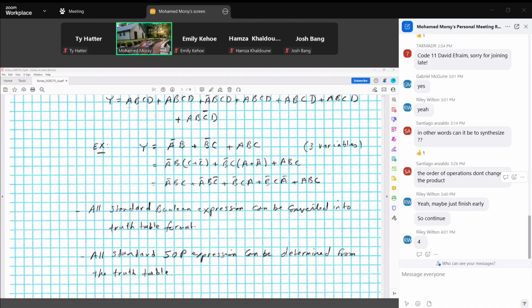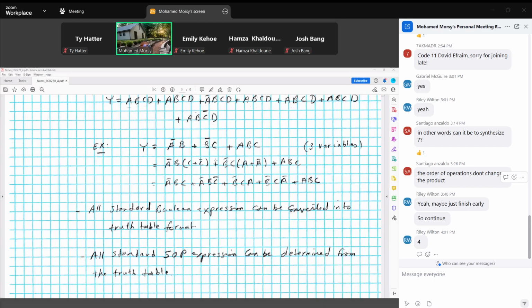Everyone heard this? The maximum number of variables in one term is 3. This is the maximum number of variables. So this means each other term must be 3 variables. So we have here the first one, A inverted B, so we missed C. Second one, B inverted C, so we missed A. So doing the same thing we did before, you can convert from A inverted B as 2 variables to 3 variables. How? We missed the C, so we multiplied by C plus C inverted.